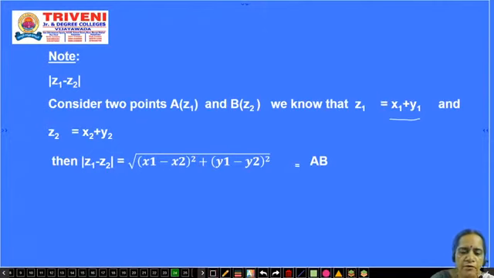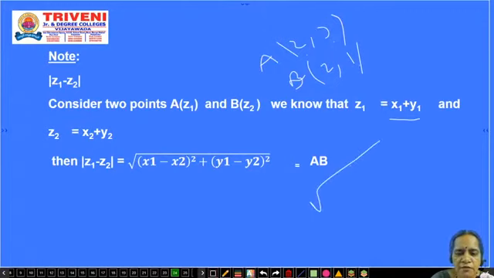Suppose we take A as 2 comma 3 and B as 2 comma 1. Then substitute the values of z1 and z2: x1, y1 and x2, y2. Square root of x1 minus x2 whole square, that is 2 minus 2 whole square, plus 3 minus 1 whole square.